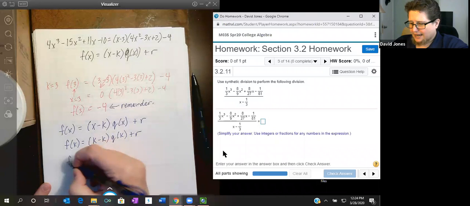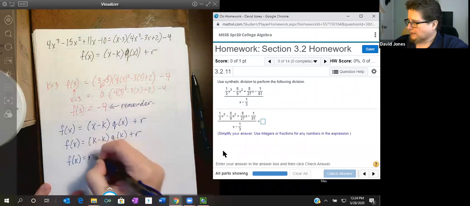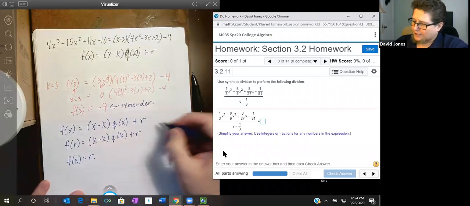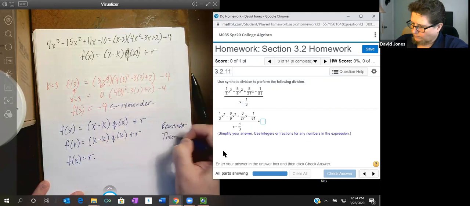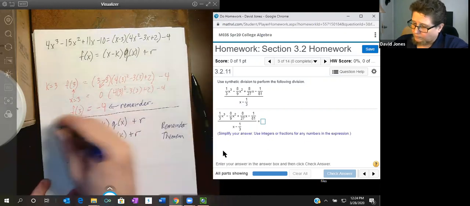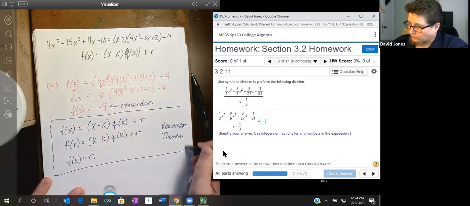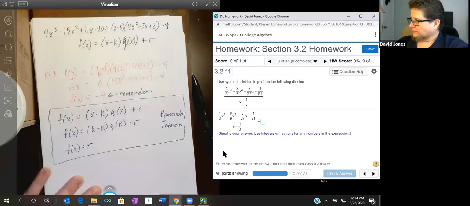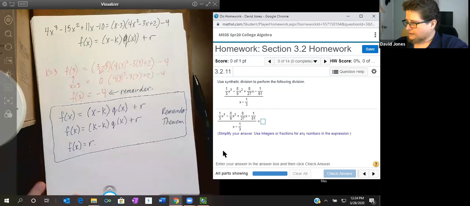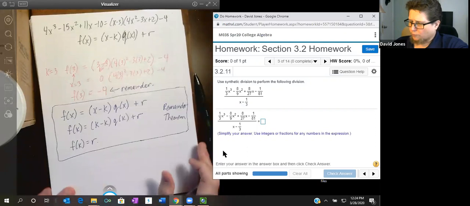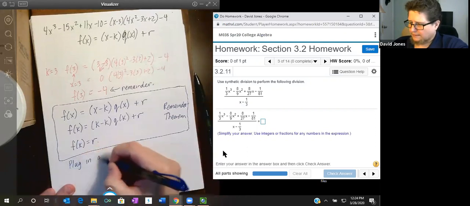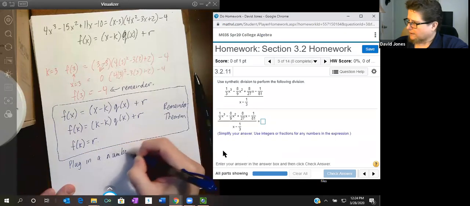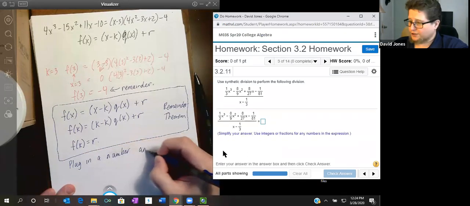So f of k equals r. That's why it's called the remainder theorem. So plug in a number and you'll find the remainder from division.